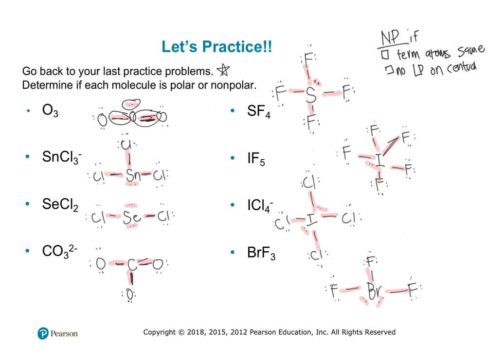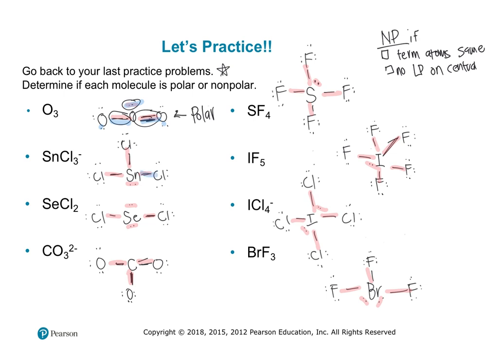So if we look over here at ozone, the two terminal atoms are the same, so that checks off that box. The oxygen atoms are the same, but there is a lone pair. So this actually does make this a polar molecule because of those lone pairs. Let's look at the tin trichloride complex ion.